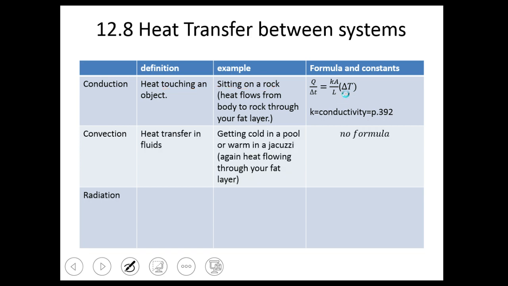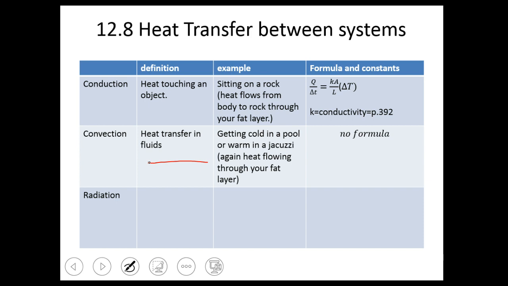Convection is heat transfer between fluids, and so this could be a solid in a fluid, right? Like when you get in a pool, if you don't swim around or anything, you can get pretty cold pretty fast because water is not usually at 98.6 in a pool, and it just draws heat right away from your body. Part of why water is so very dangerous is it sucks the heat right out of you.